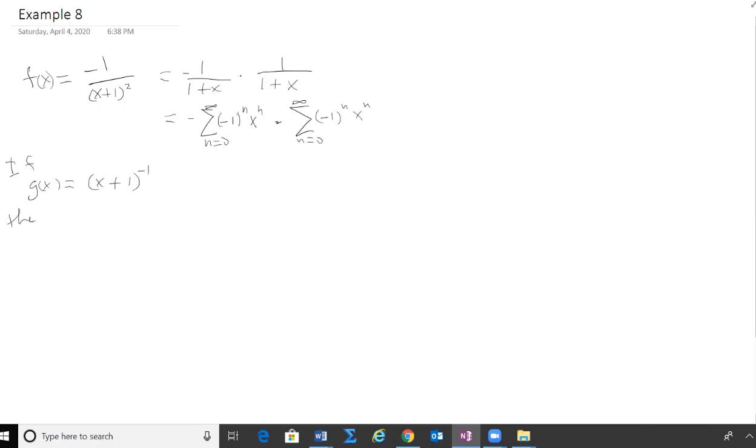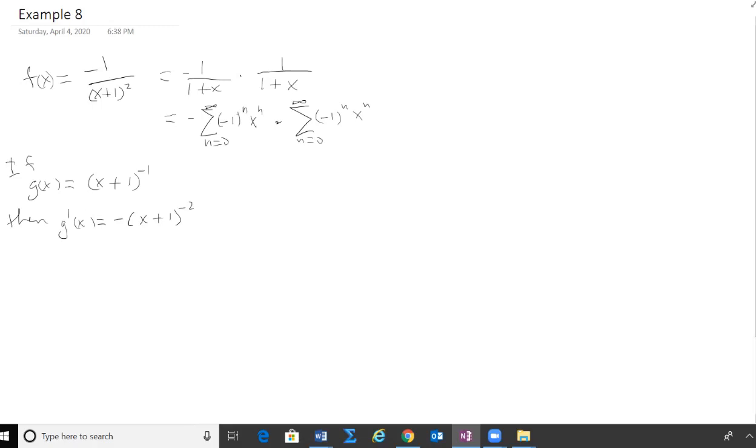Then g prime of x would be negative x plus 1 to negative 2, which you notice is exactly what f of x is up here. In other words, this is the function we need to expand. So all we have to do is take this function, expand it, and then differentiate it.